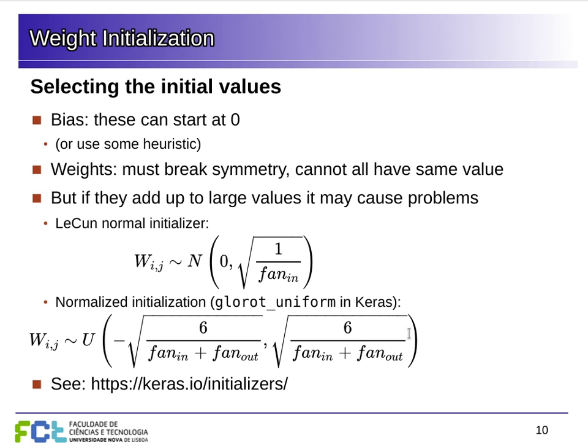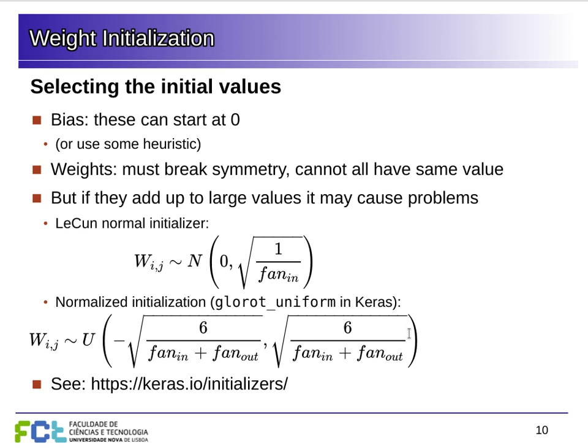One is that we must randomize the weights for our neurons, because we need to break symmetry. If two neurons on the same layer have exactly the same weights, then all their derivatives will be the same, and they will always be trained in step. So they will never diverge and be different one from the other. So we need to avoid having those cases. We need to avoid having neurons that are exactly the same, and so we must randomize the weights.